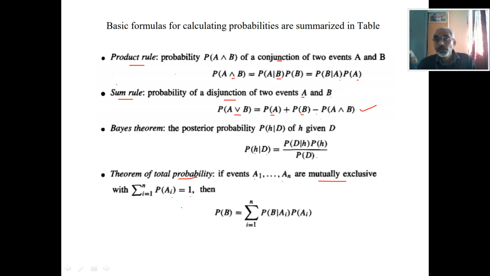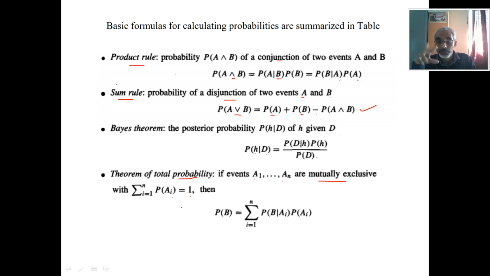When you sum up all these, you are supposed to get 1. That is the fundamental theorem of probability. If you have an event A and an event B, then probability of A plus probability of B should always be equal to 1.